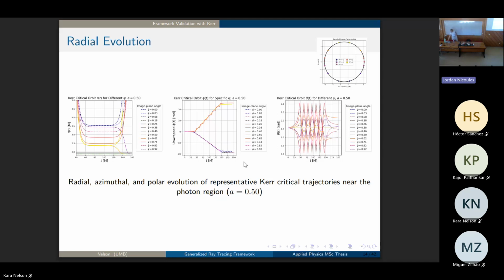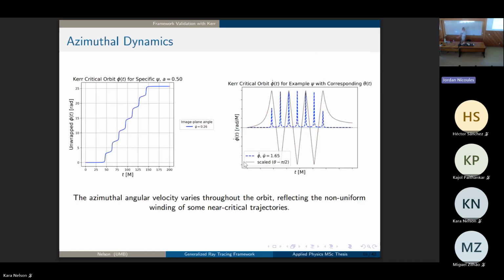So like I said, I'm going to talk a little bit about this azimuthal effect in Kerr. We just zoomed in on one example trajectory, a near-critical trajectory, and you can see that the oscillation of phi dot is really lining up nicely with theta.